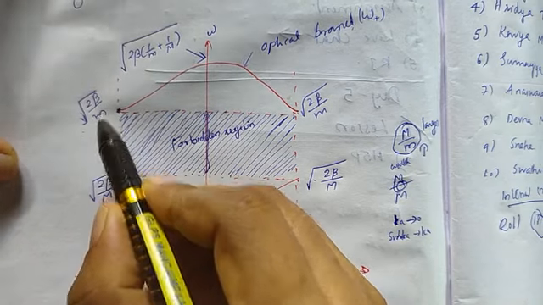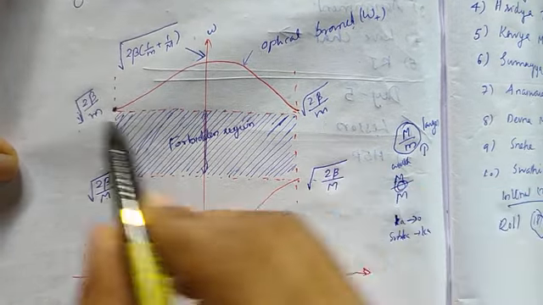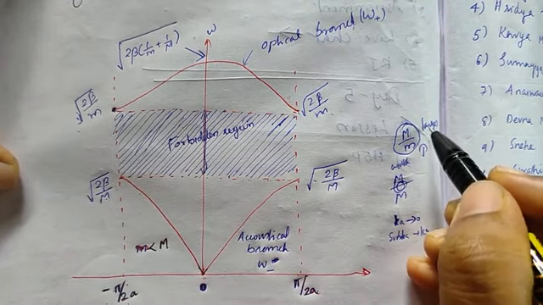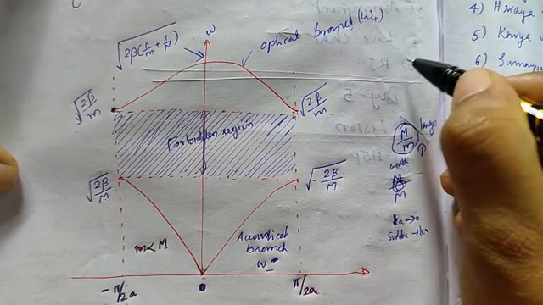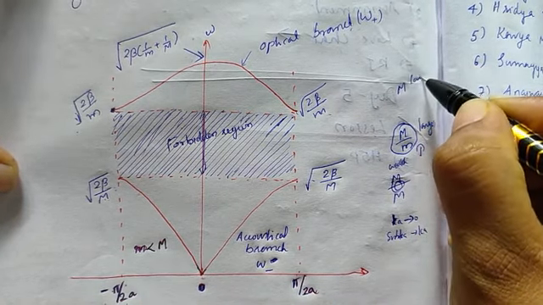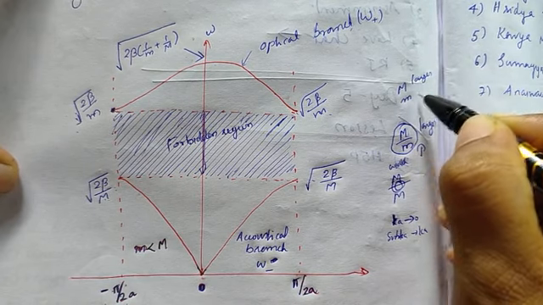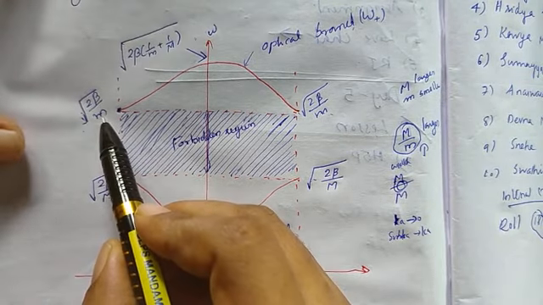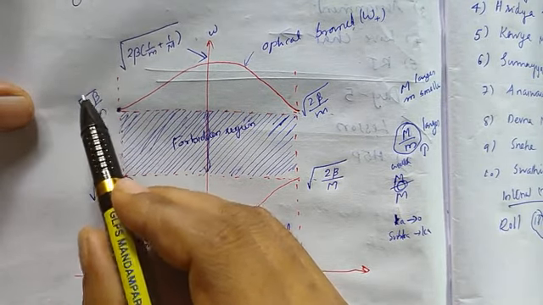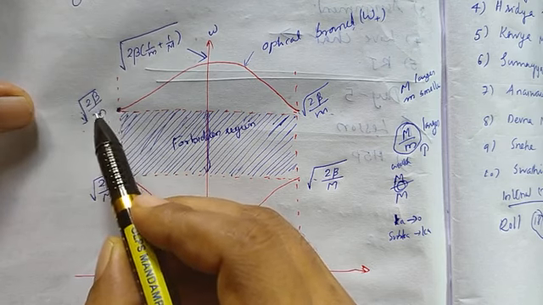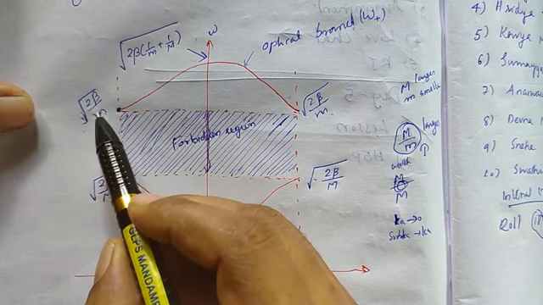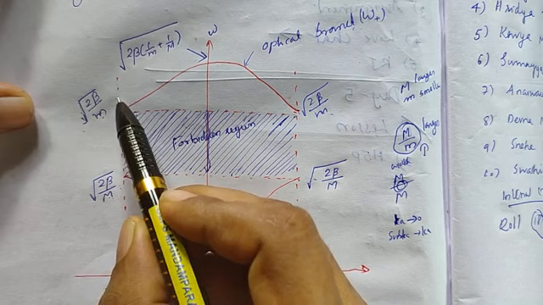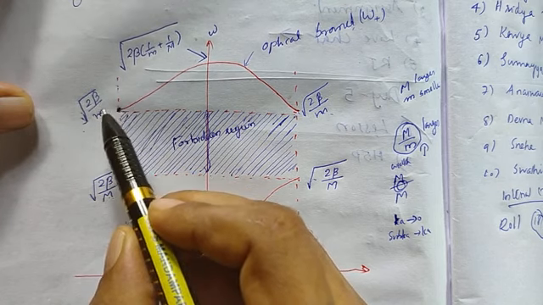Here this is small m and this is capital M. Capital M by small m larger means M is larger or small m is small. Small m being small means this value is greater, because small m appears in the denominator, so this value is larger, and this point will shift upwards when m becomes small.